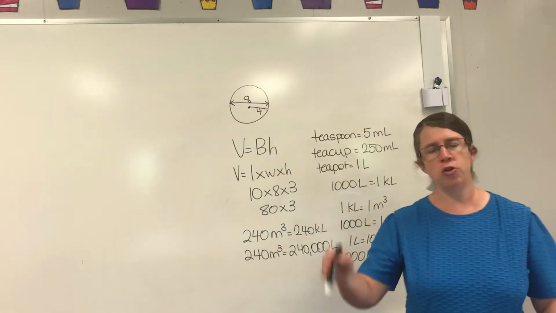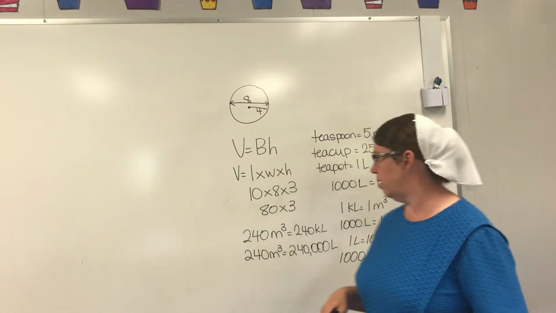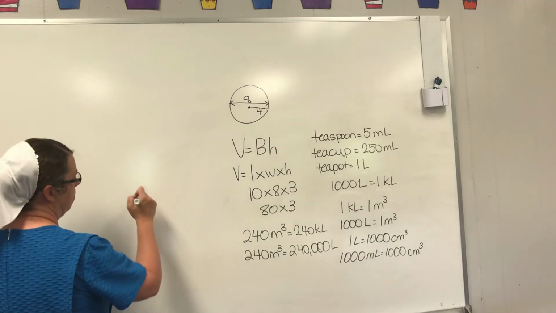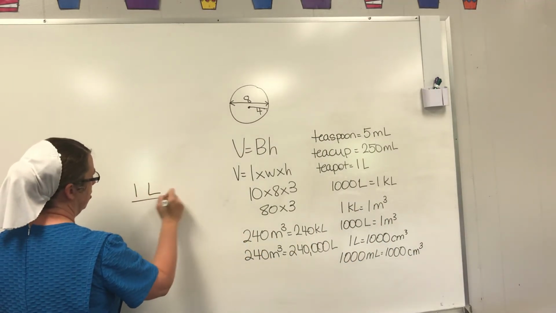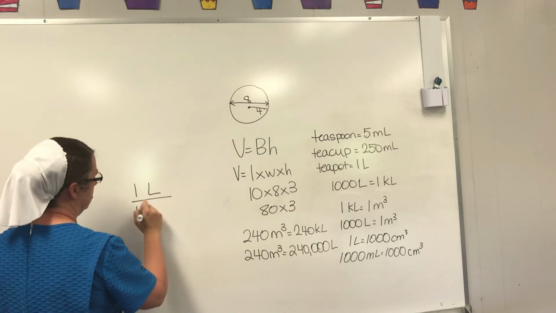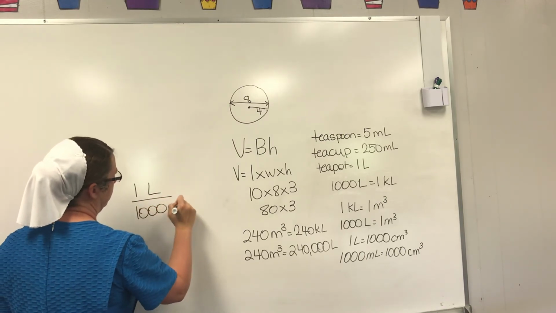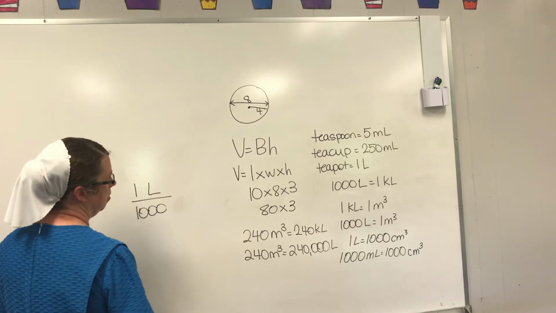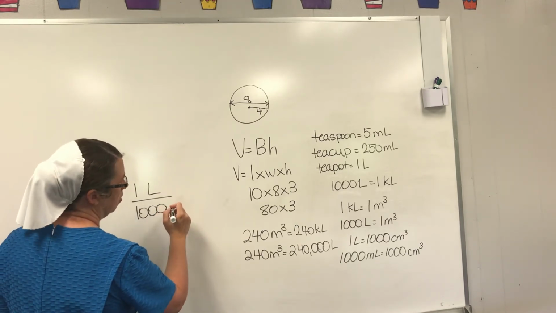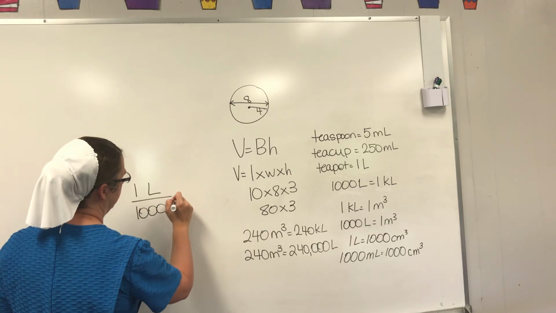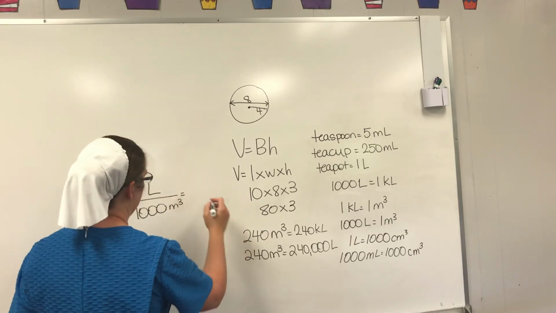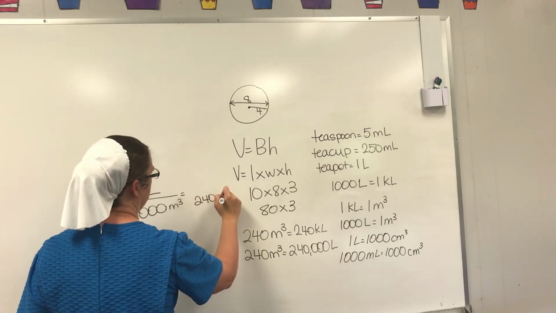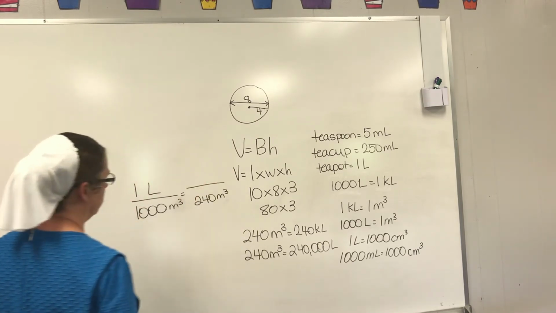And if it helps you, you can set these up in a proportion. We could have put it like this. We could have said 1 liter equals 1,000 milliliters. No, I didn't do that right.